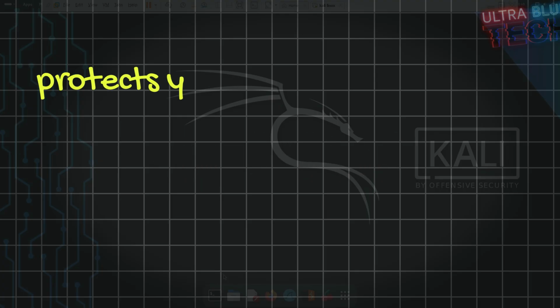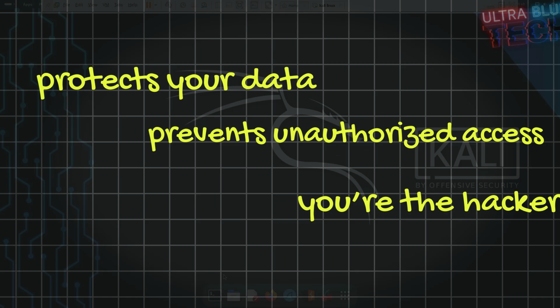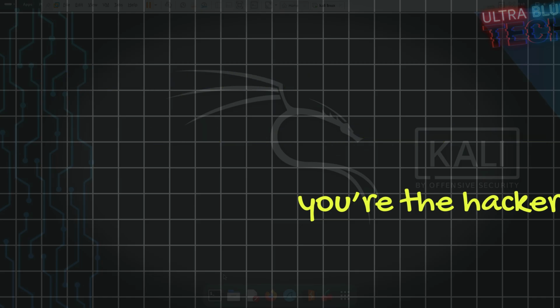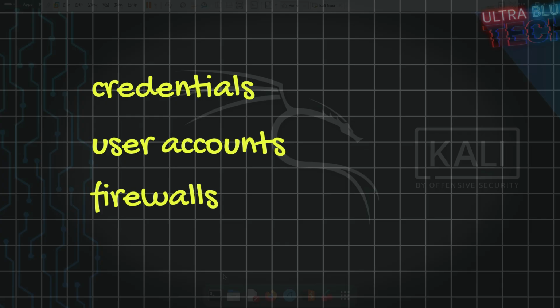So securing Kali Linux protects your data, prevents unauthorized access, and ensures you are the hacker, not the one getting hacked. We'll cover simple steps to harden your system using Kali Linux built-in tools focused on credentials, user accounts, and firewalls. So let's make Kali Linux a fortress.